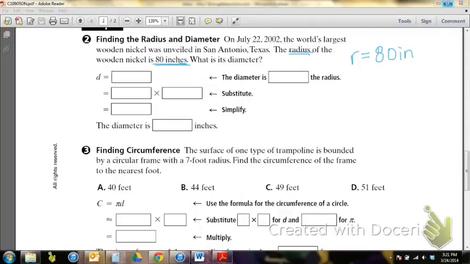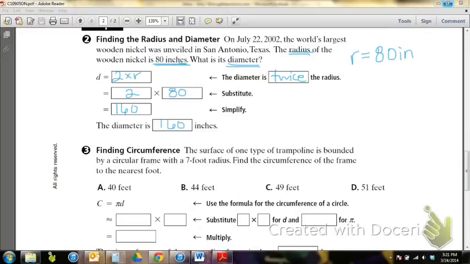I like to write down the important information. What is its diameter? Okay, well, I know that the diameter is twice the radius, which means 2 times the radius. And if I know that the radius is 80 inches, I can just do 2 times 80. And 2 times 80 is 160, so the diameter is 160 inches.